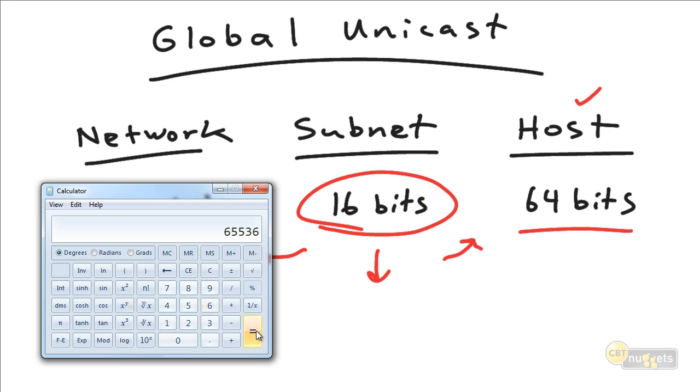Is IPv6 scalable? You bet it is. We can create 65,536 subnets with this one slice of the address space thanks to 16 bits earmarked for the creation of subnets. So we have an extremely scalable protocol here with the IPv6 suite.